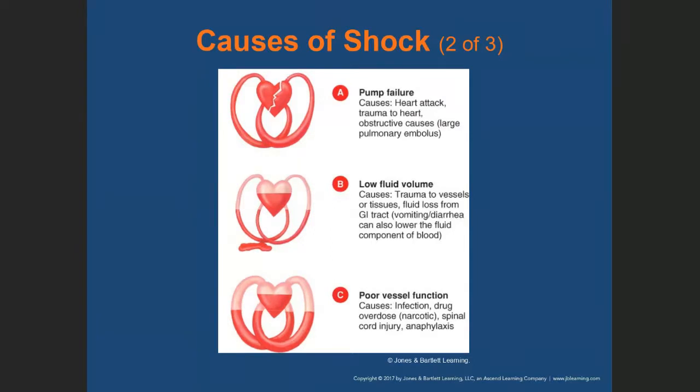So that means the heart, as a result of pump issues. You have shocks that affect the blood volume. That's hypovolemic shock, right? And it's going to be either blood loss or plasma loss. And then you have shocks that affect the distribution of blood, distributive shock. That's poor vessel function. So you will have to categorize the different types of shocks when you're studying this chapter.